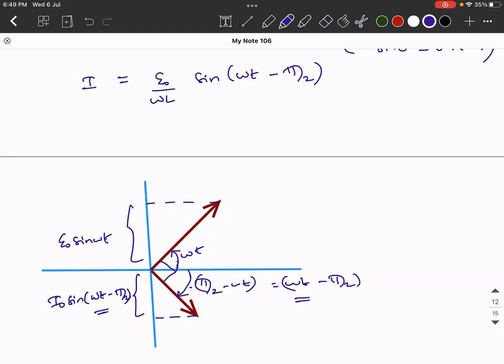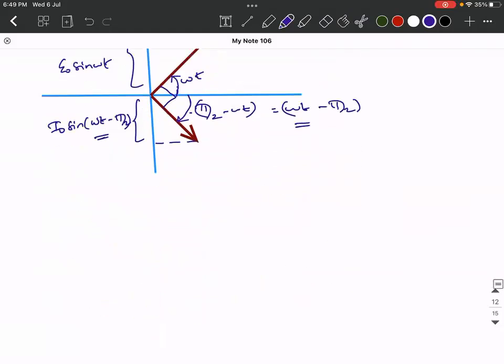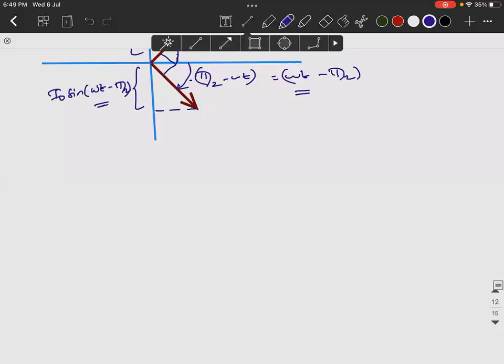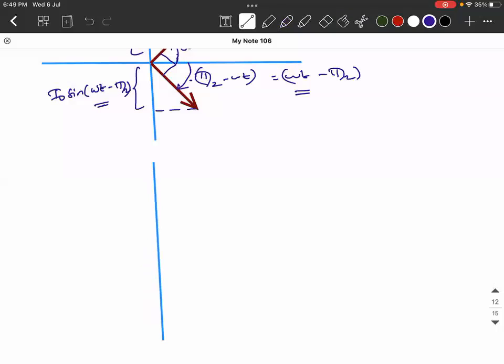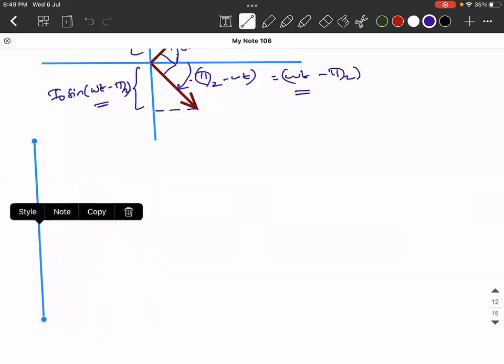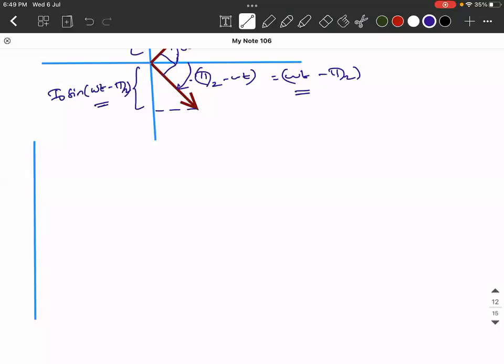Is that clear? Now, having said this, how is the graph going to be? Start from pi by 2. It will start in the negative direction.